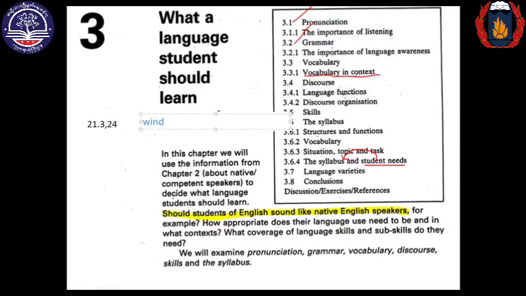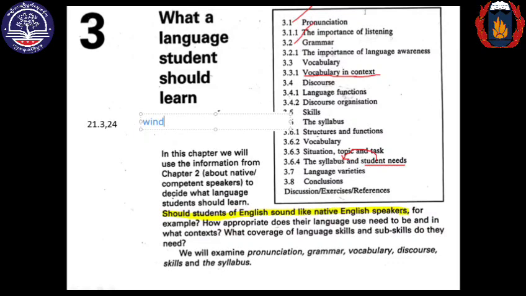Blow the wind. Is it a verb or noun? It is a verb or noun, and it is a matter of pronunciation. WIND can be pronounced in two ways. When it is a noun, we pronounce it "wind". When it is used as a verb, we pronounce it "wynd".